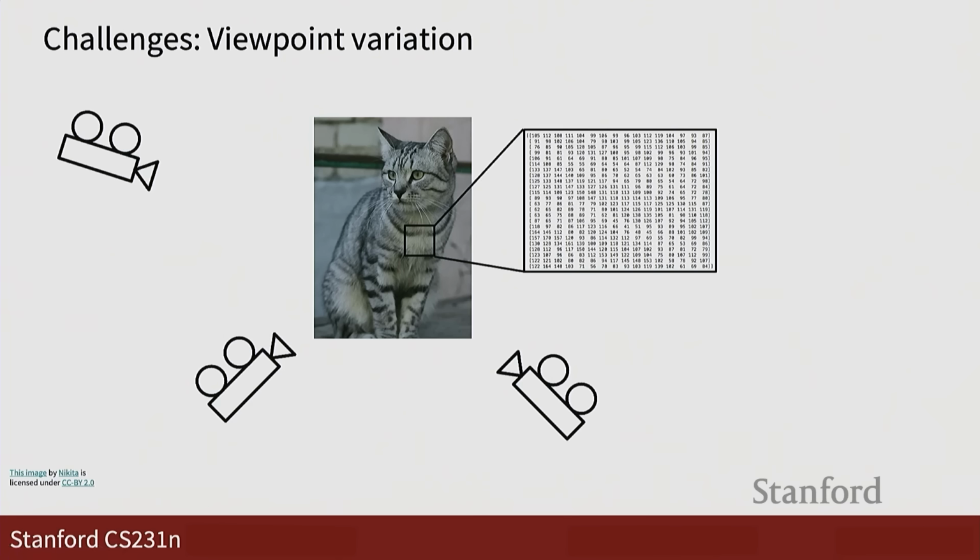So all these pixels will have a new value. Again, for us humans, it's the same object. There's absolutely no difference. But from a computer's perspective, it's a completely new data point. So this is one of the challenges, but there are quite a few others as well.